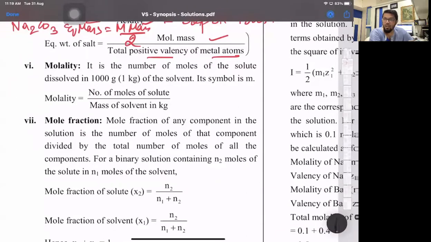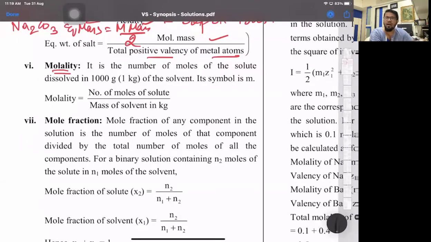Now normality, molarity, both are temperature dependent. Very important. When I talk about which is a better way to express concentration, it's not normality or molarity, but it is molality. Why like that? If you see the definition of molarity, it was moles per liter, normality was gram equivalents per liter. So anything that depends upon volume, as per Charles' law, we know volume is directly proportional to temperature at constant pressure.